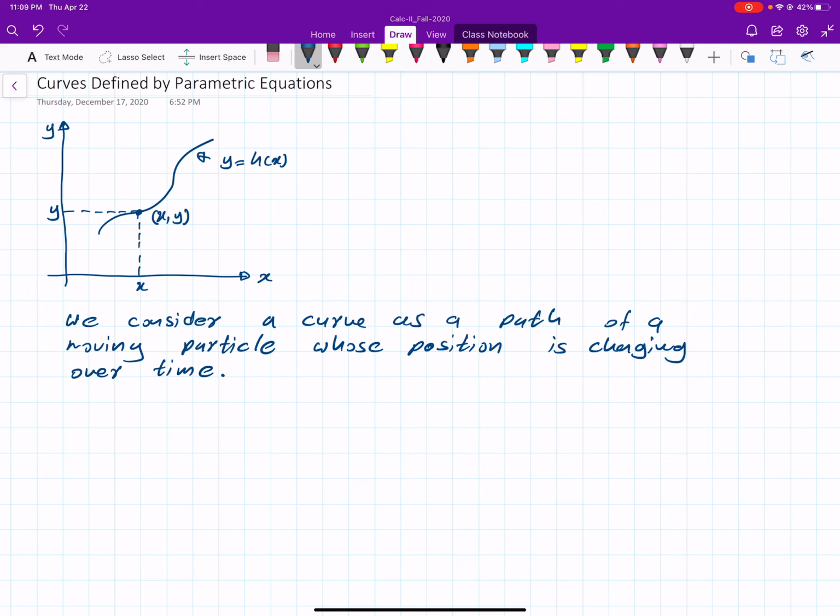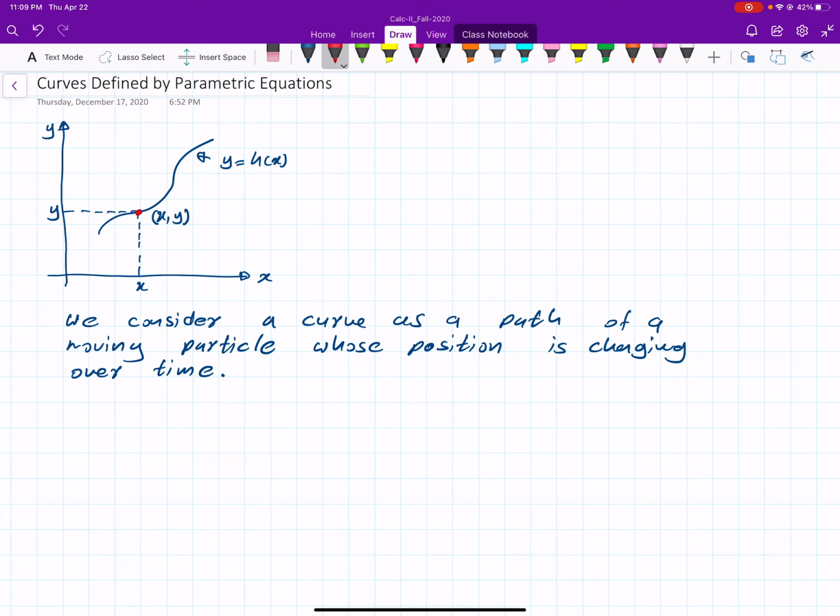All right. So you can consider this curve as a path of a particle. All right. This is a path of a particle technically. So the current position of the particle is right here. Then it moves along this blue line.